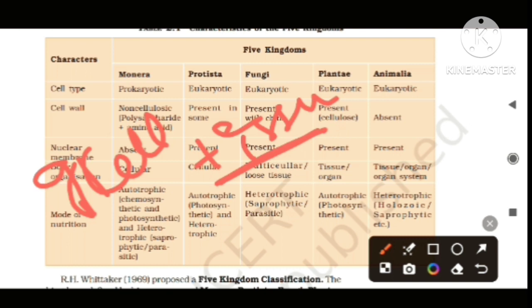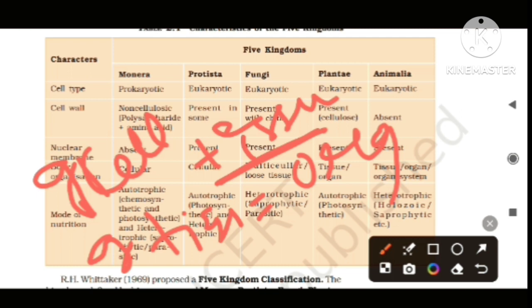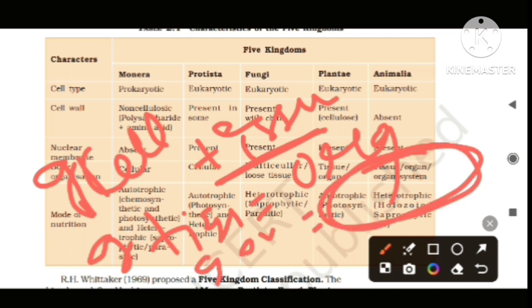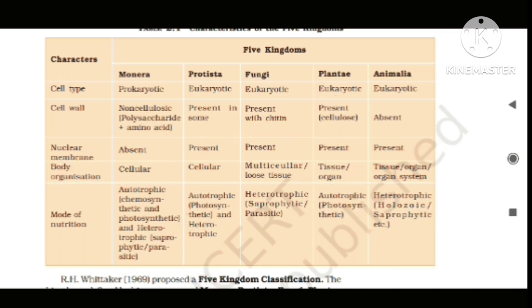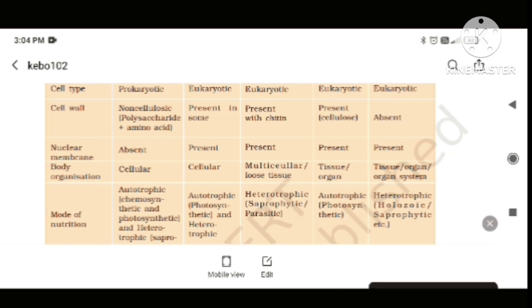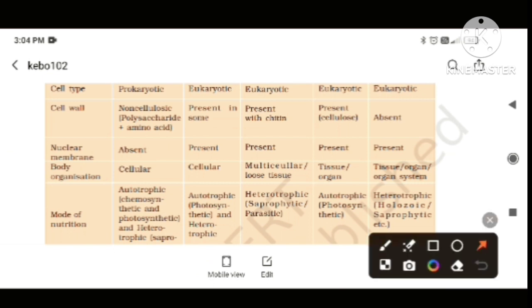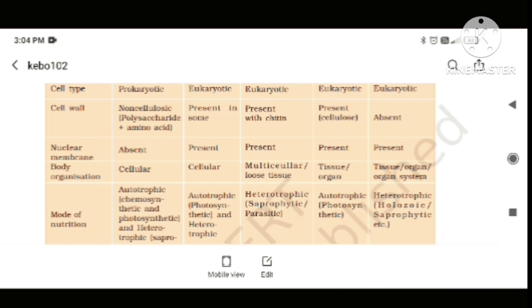And this group of tissues will give us organ, and a group of organs gives, yes, what is it? Organ system. Yes, clear. That's why the trick here is the increasing order.